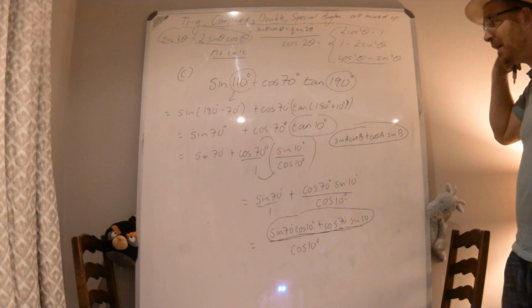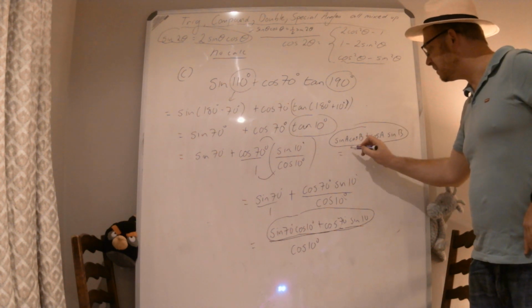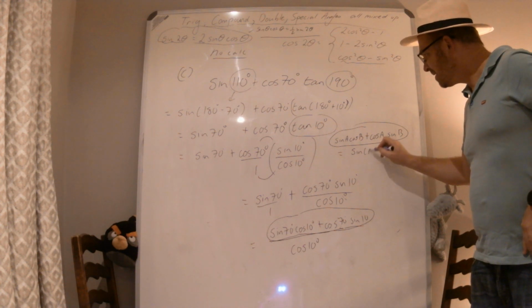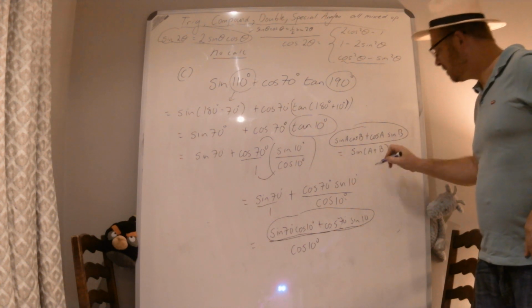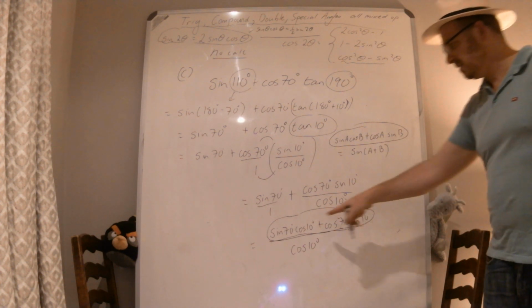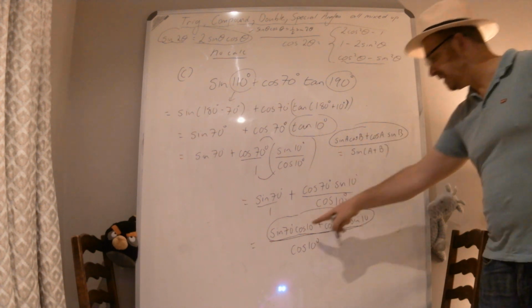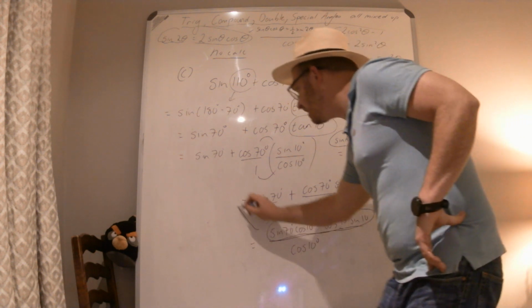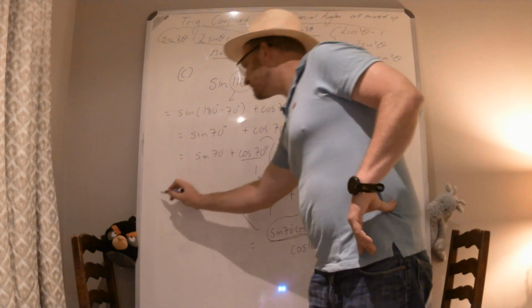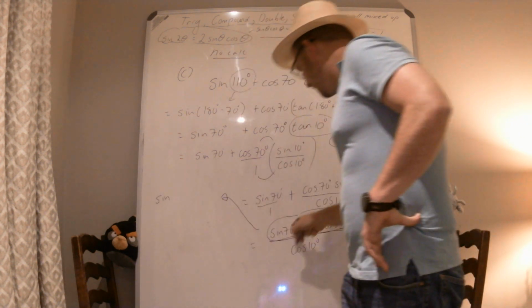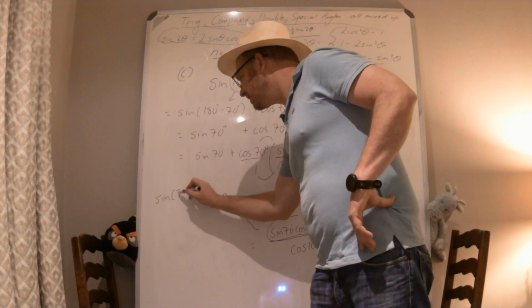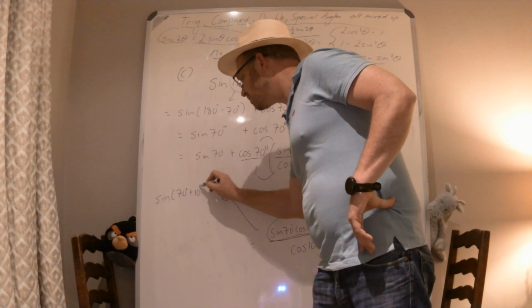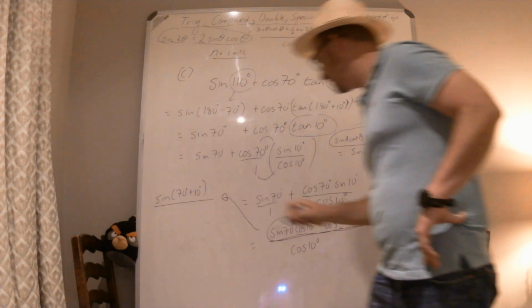When you see that pattern, that is equal to sine of the one angle plus the other angle. So this over here, sine 70 cos 10 plus cos 70 sine 10, I can write as sine the one angle plus the other angle, 70 plus 10.